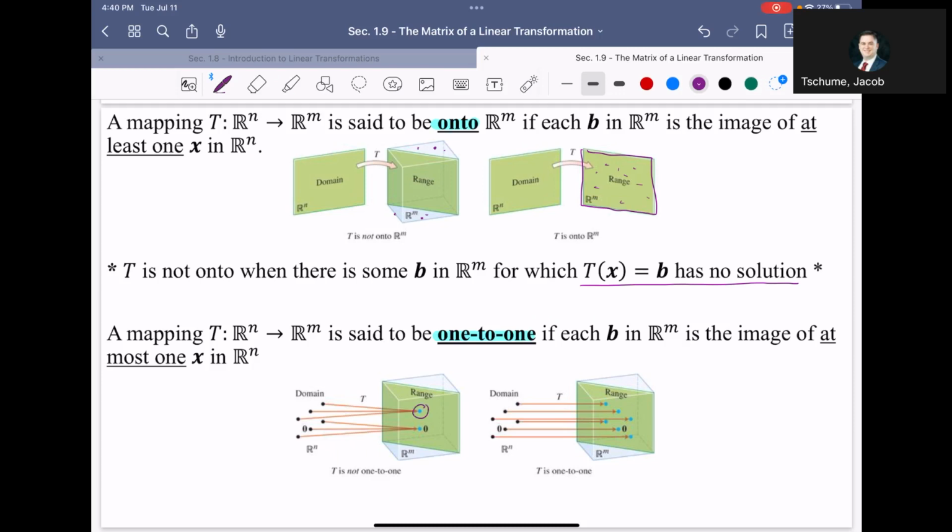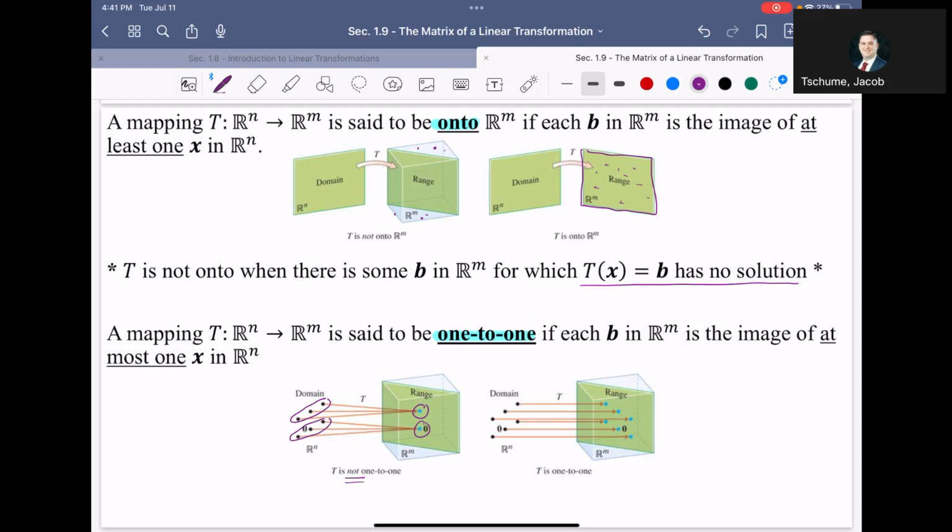Instead, every vector that is in the range, in this case I have two vectors circled, can only come from one vector in the domain. Unfortunately, in this one, these three vectors map to that first vector, and these three vectors in the domain map to the zero vector. Since more than one vector maps to an element of the range, this is an example of not one-to-one.